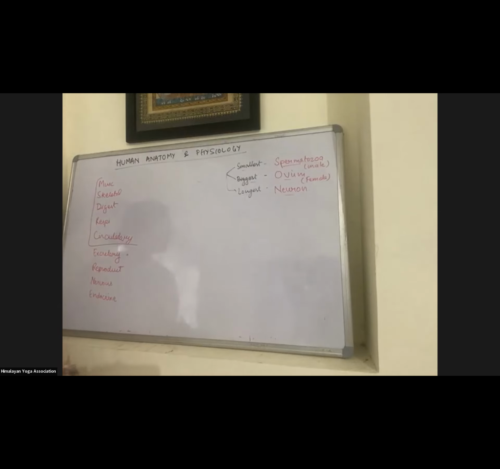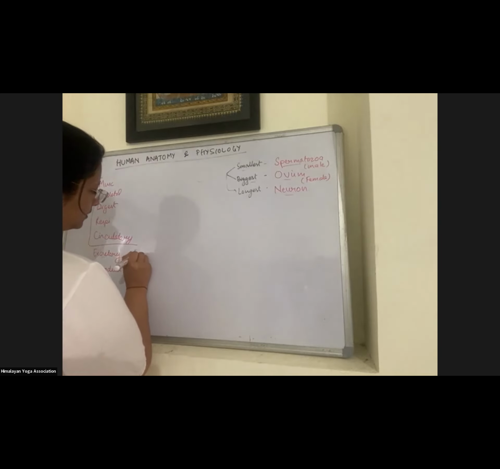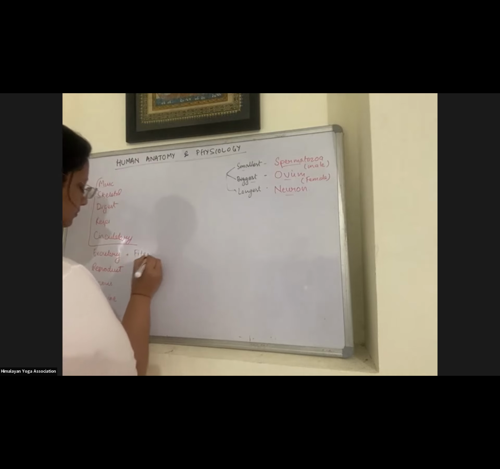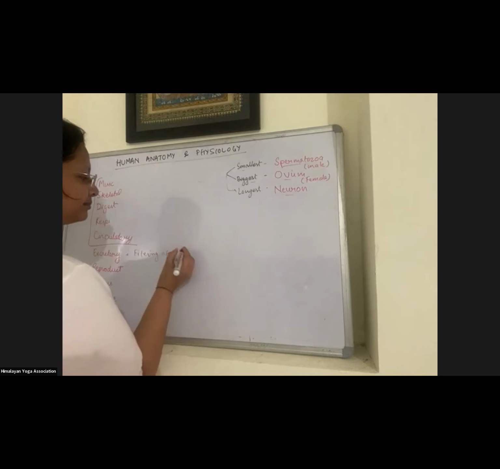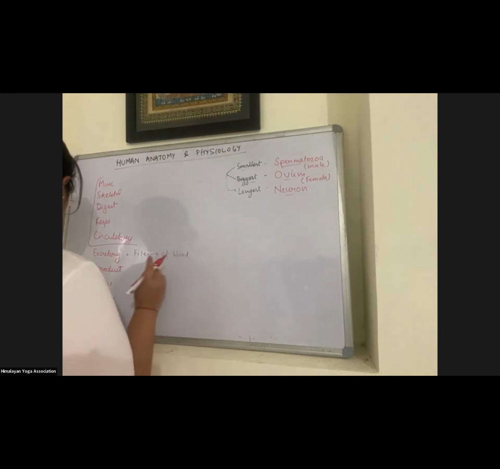What is the excretory system? It is the filtering of blood through kidneys.